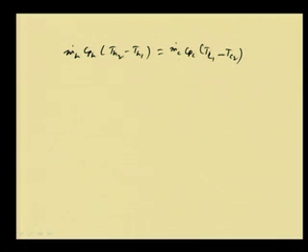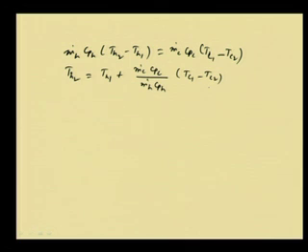From there we can write that Th2 is equal to Th1 plus m dot c Cpc by m dot h Cph into (Tc1 minus Tc2).